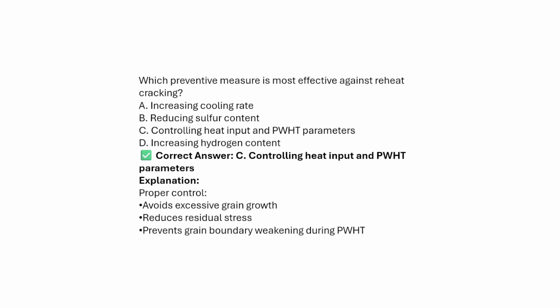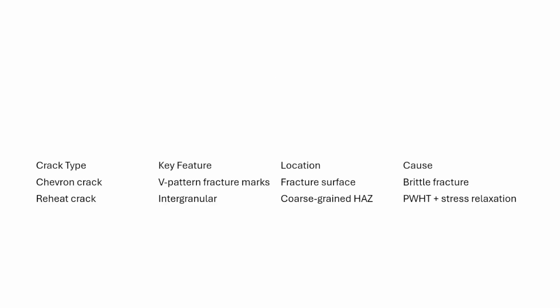Answer will be C, so that we can avoid the formation of carbides and segregation, and thus avoid reheat cracking. Avoiding excess grain growth, reducing the residual stresses, and preventing grain boundary weakening during the post weld heat treatment are some of the key factors we can consider.